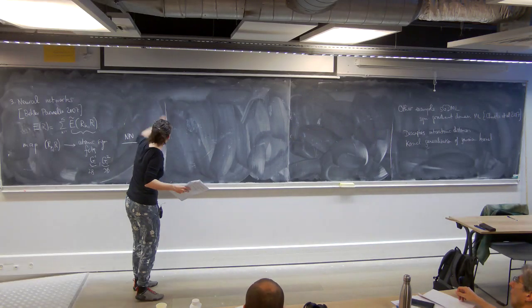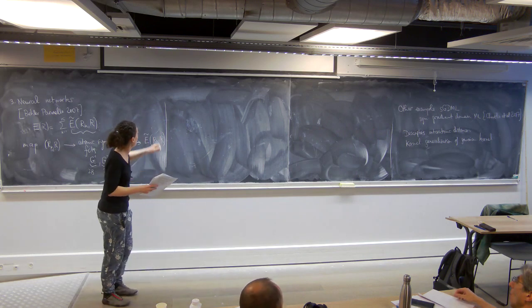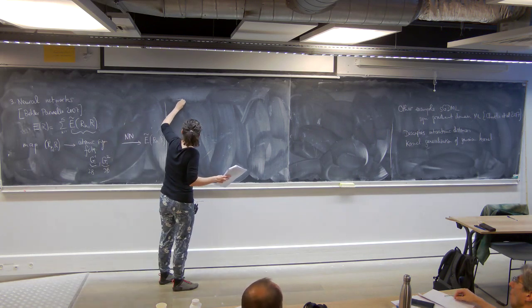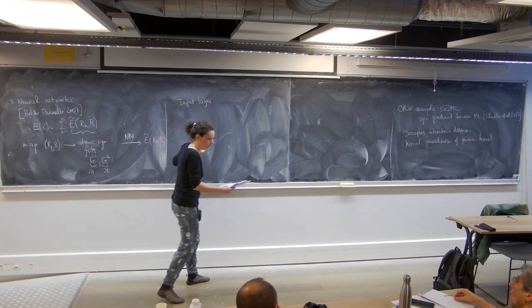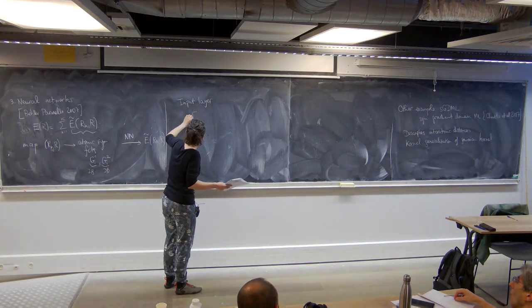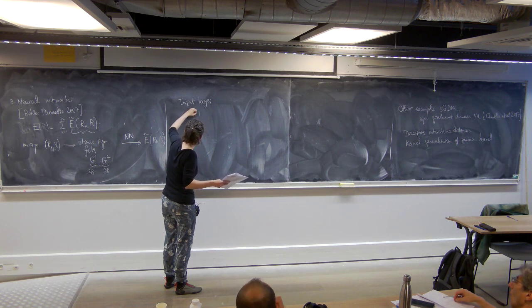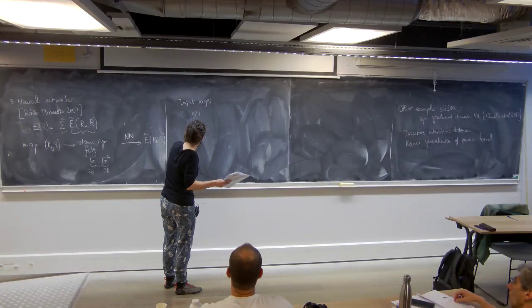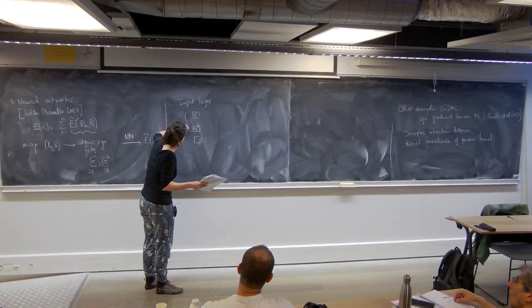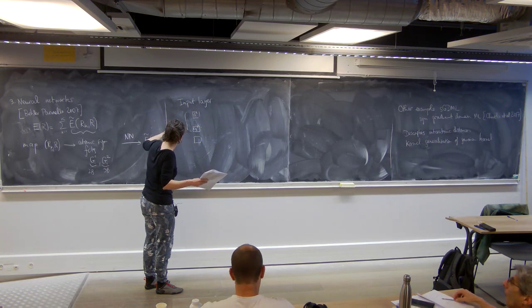If we want to draw a picture, we have the input layer. So we have G1, the G1 alpha, that's the two-body functions.